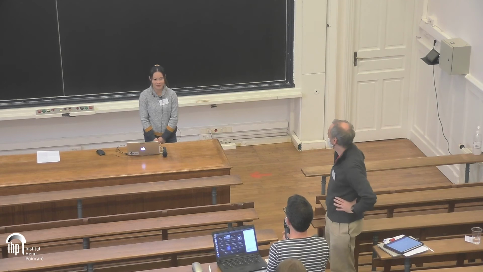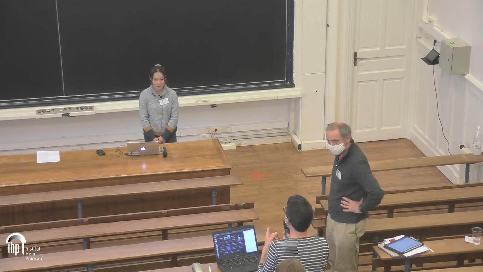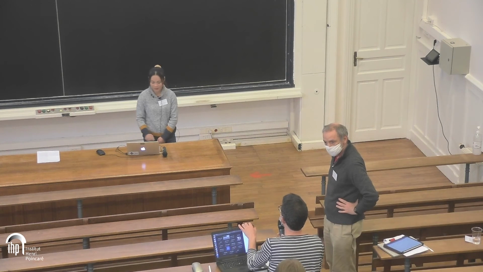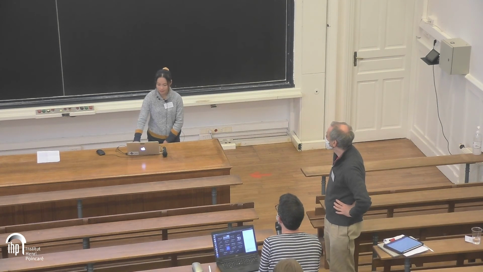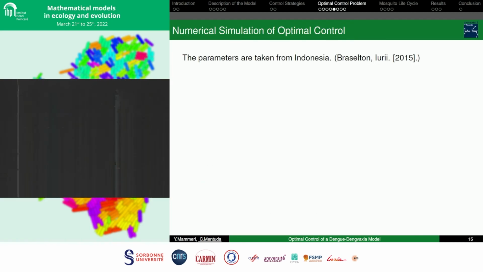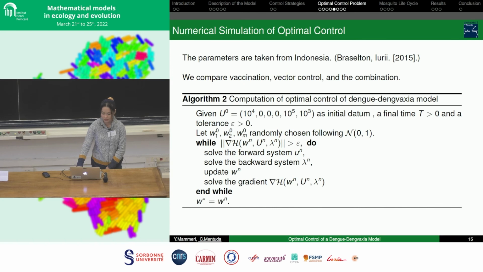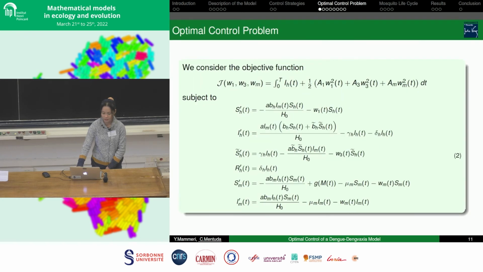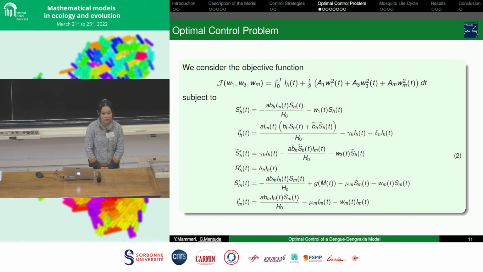Thank you very much for the work on the perspectives. I have one question about the cost function, because I noticed that you said that, if I understand well, applying the vaccination is not that efficient in your results. But as I understand well, it is not meant to block the infection, but just to reduce the number of serious cases. People who are going to be infected twice and who might suffer from hemorrhagia.